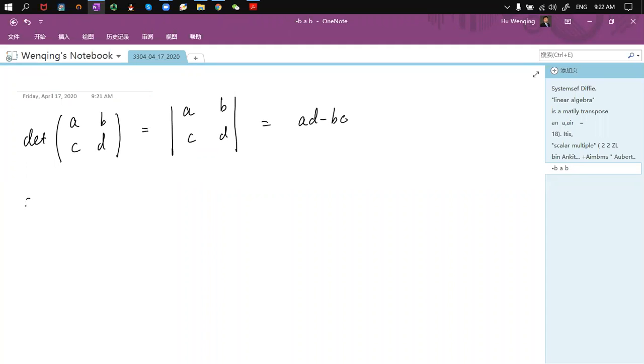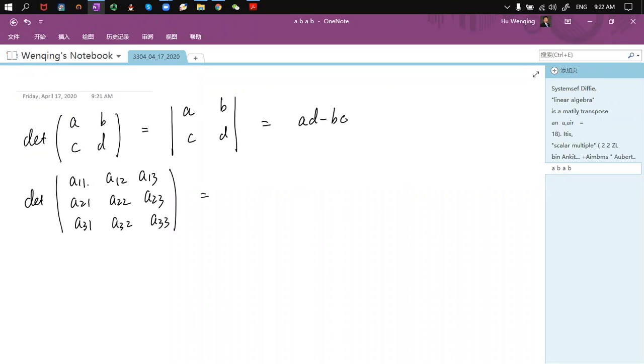But if it's a 3 by 3 matrix, then you have A11, A12, A13, A21, A22, and A23, and let's say A31, A32, and A33. You want to calculate the determinant, and there are two methods to do it.